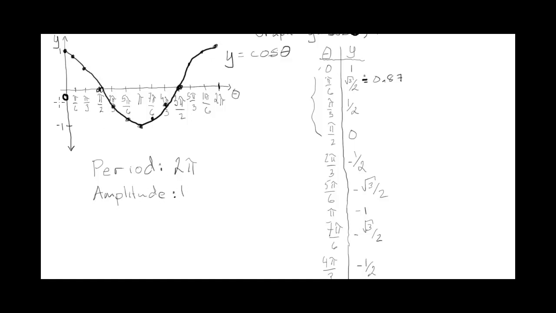Amplitude is the distance between the middle and the highest value, or the smallest value. And then your equation of axes. And that's sort of that middle horizontal line. So in this case, it's y equals 0. And those are the key features that we're going to need for graphing transformations of this cosine graph.